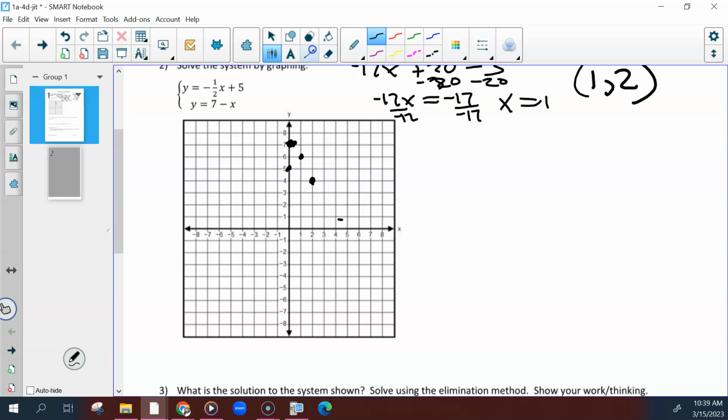It might just be on there. I don't know what that is. Do all your points first.